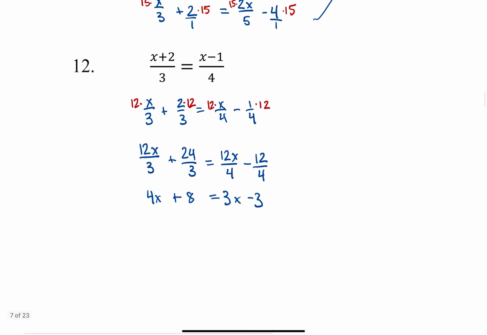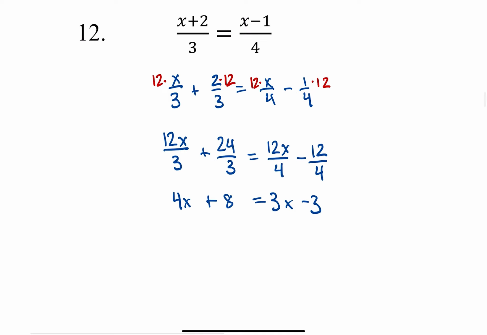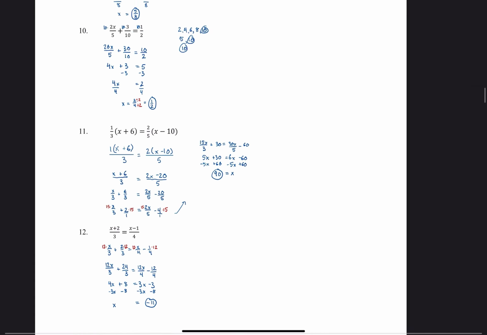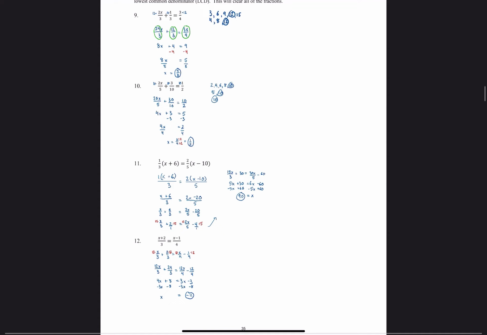All right, and to finish things off here, I'm going to subtract 3x from both sides of the equation. And I will then at the same time subtract 8. So we end up with x is equal to minus 11. There's our solution. These could be a little bit tricky just because of the amount of steps required to successfully solve them. So practice them and make sure that you're careful each step along the way.